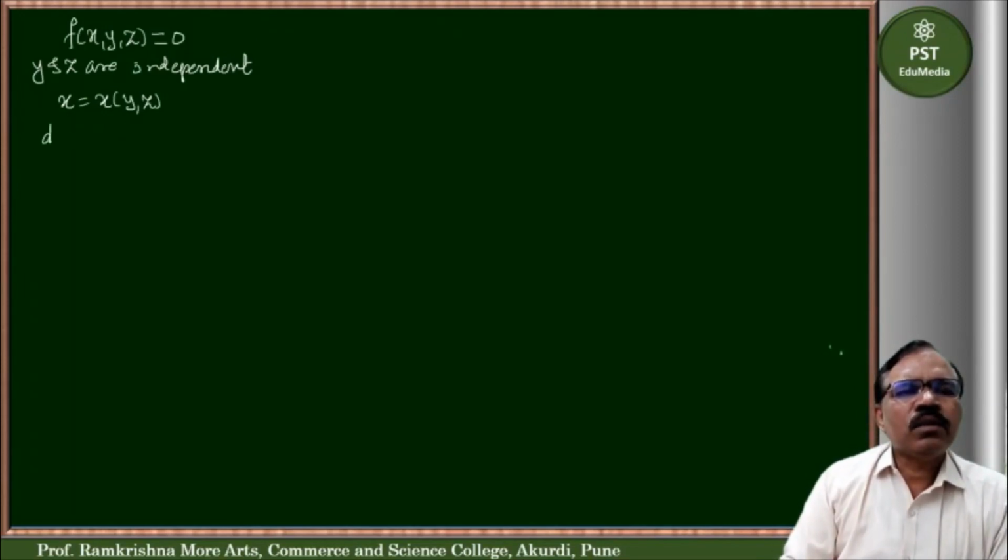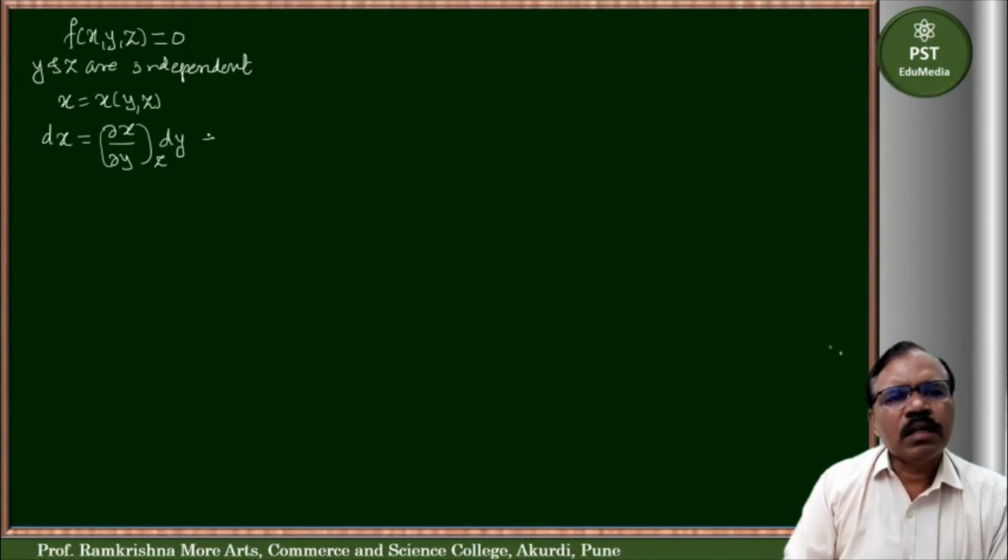Here we have seen the total differential. So I can write dx is equal to partial x by partial y, keeping z constant, into dy, plus partial x by partial z, keeping y constant, into dz.